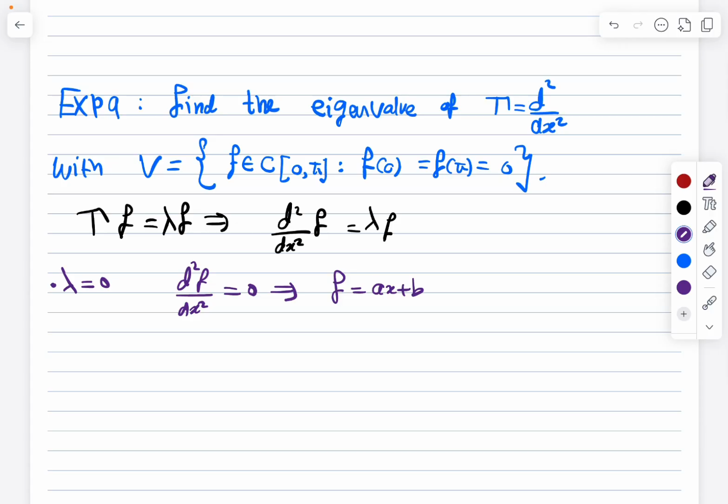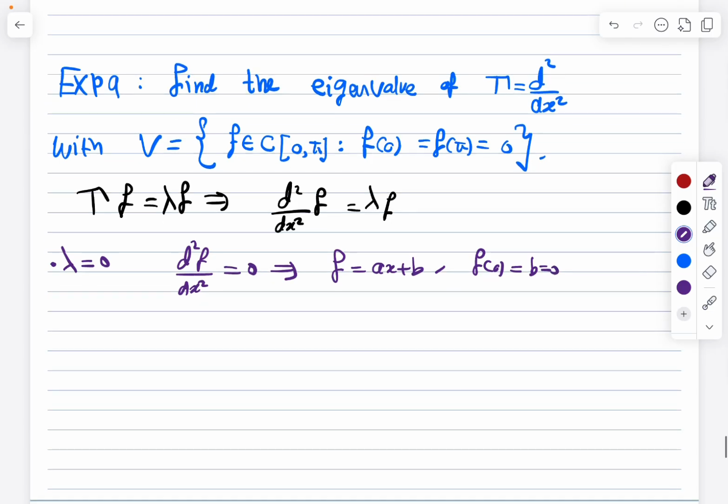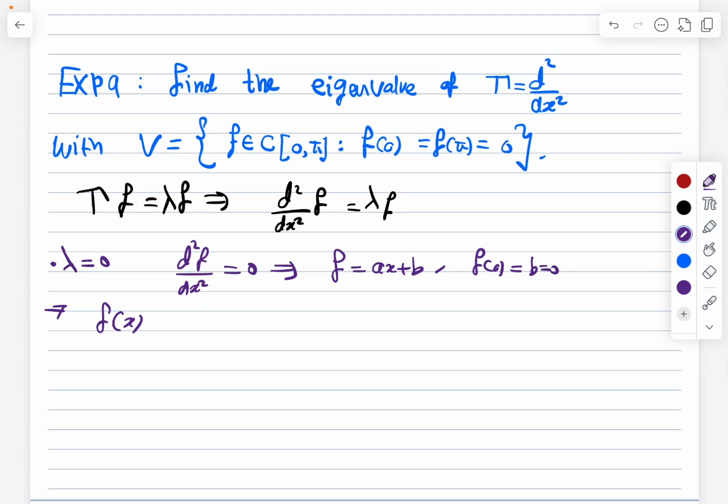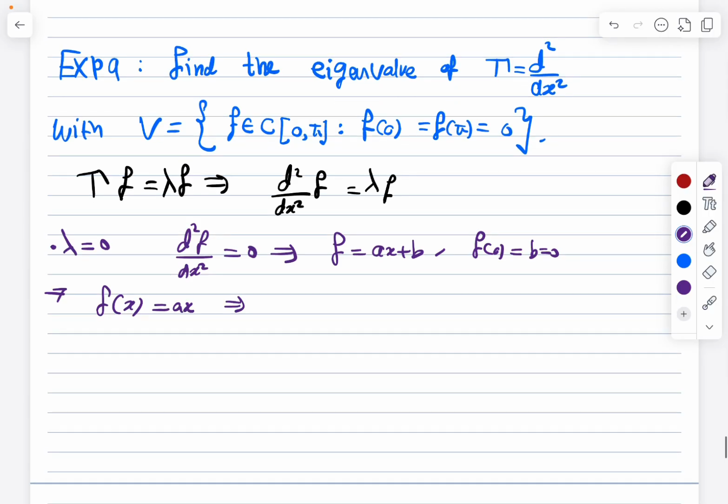Now they vanish at the boundary, so f at 0, which is b, is equal to 0. So we have f of x equals ax, but also we know that f at pi equals 0. So a pi equals 0, which means a equals 0.